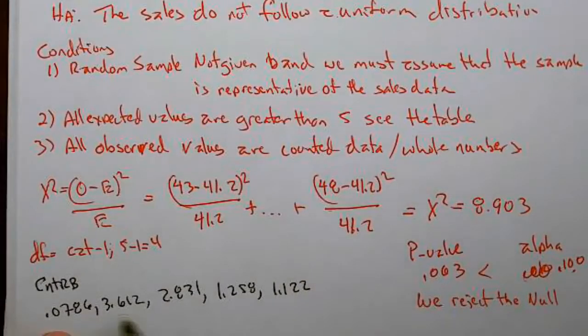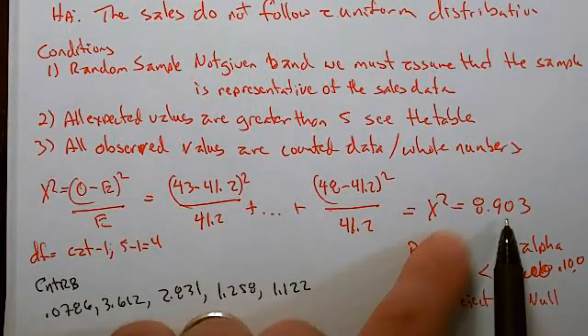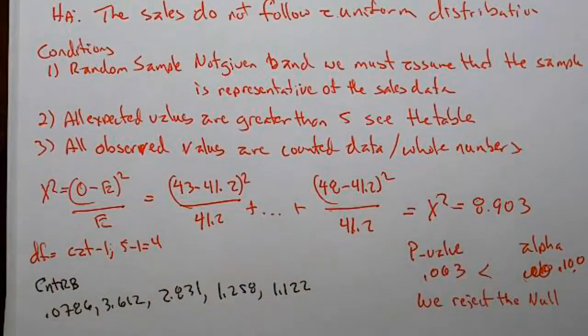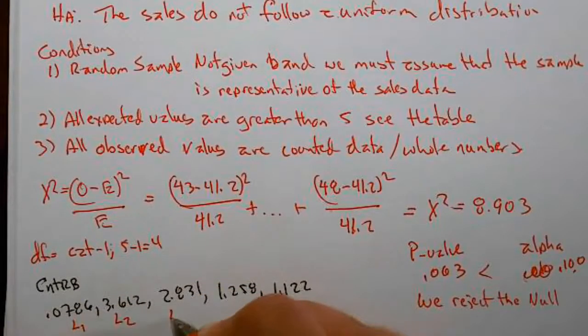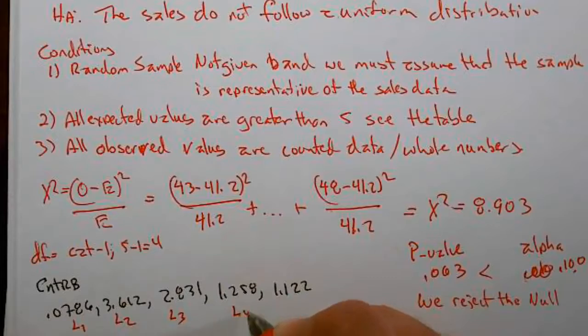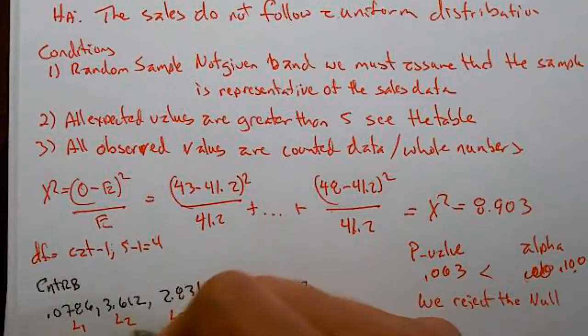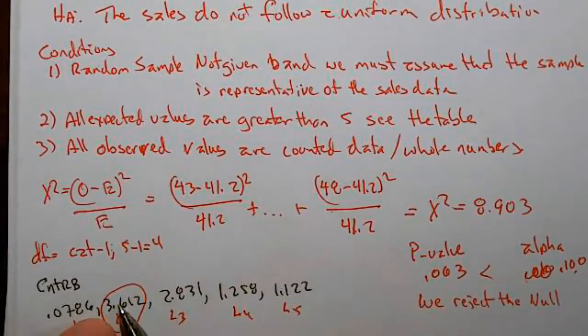If I sum these together, they should equal the chi-squared within rounding. This is location 1, location 2, location 3, location 4, location 5. Location 2 is the biggest value, so it has the greatest impact.